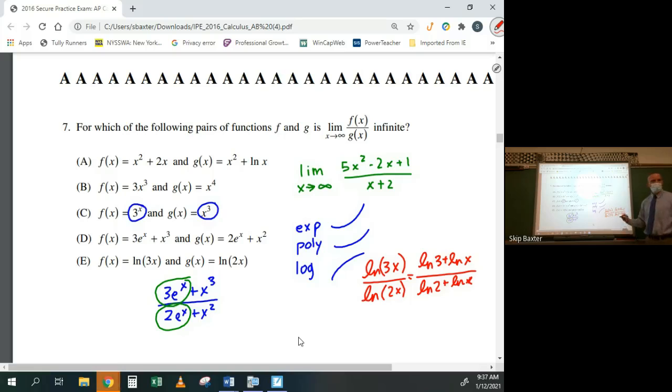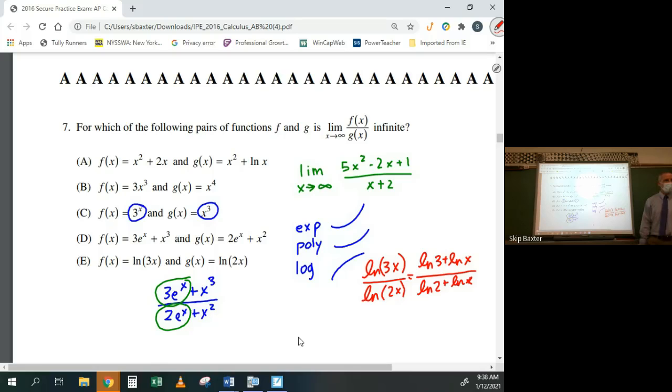Who said 1? I think it's 1. Because the ln 3 is just really, really tiny compared to the ln x when you plug in really large numbers. These are laws of logarithms. You can rewrite this as that, and you can rewrite that as that. I think the answer is 1. Yeah, I think it's 1.